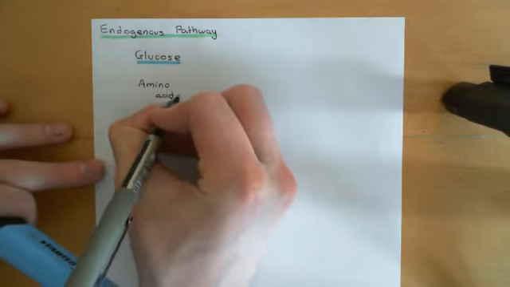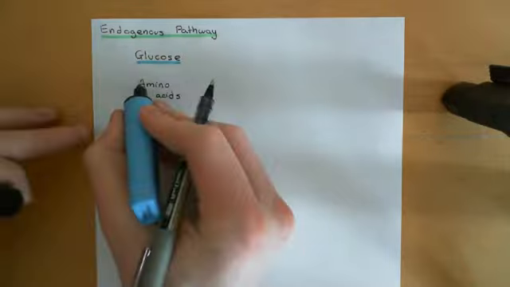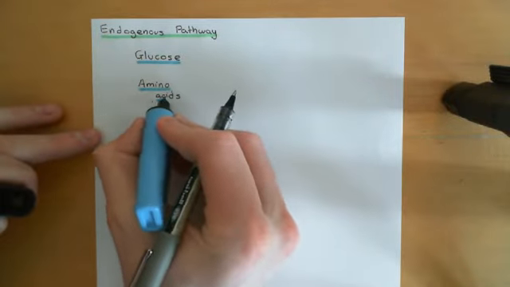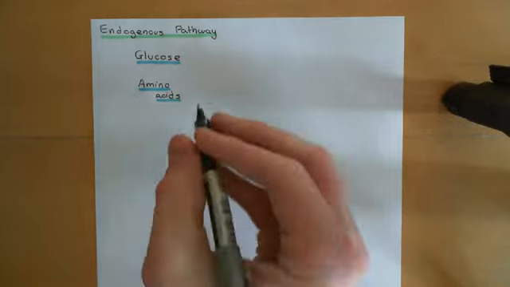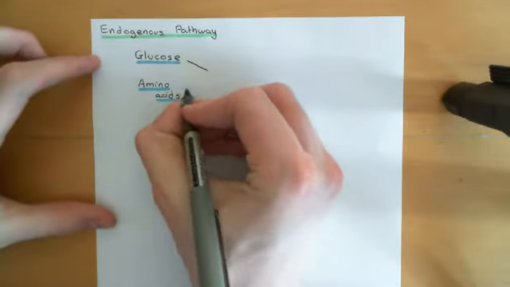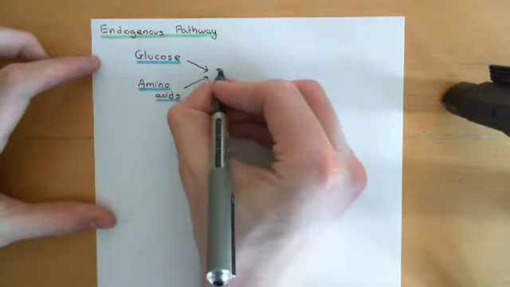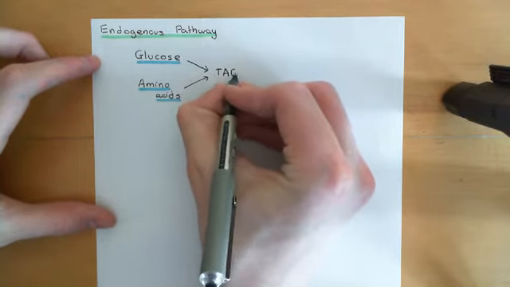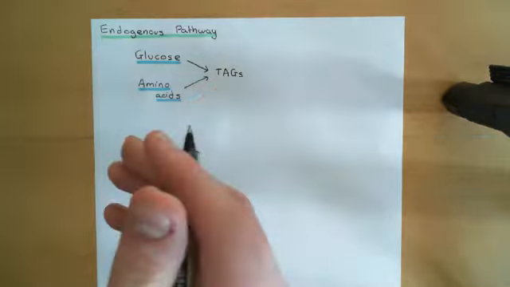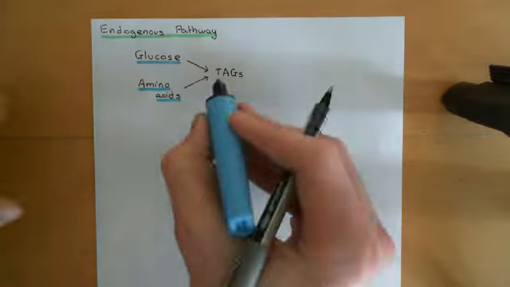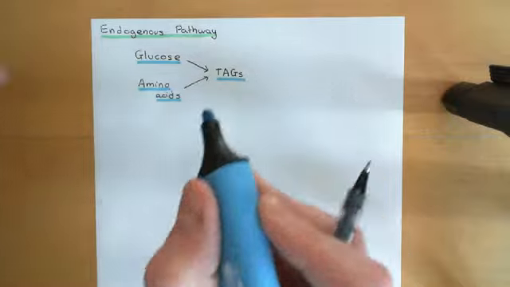When these two nutrients are in excess after a meal, the hepatocytes are going to use these nutrients to manufacture triacylglycerols. So they manufacture fat molecules from these excess nutrients, basically. This is occurring in the fed state.